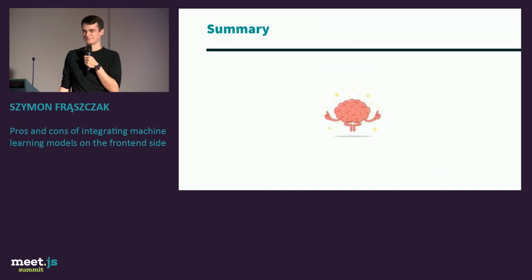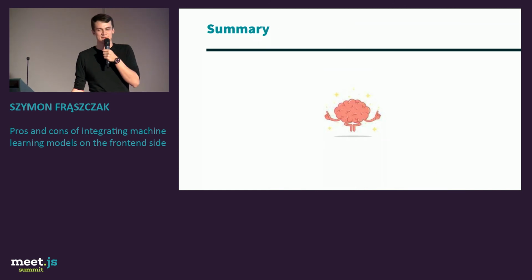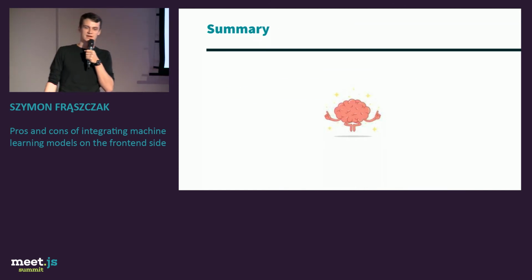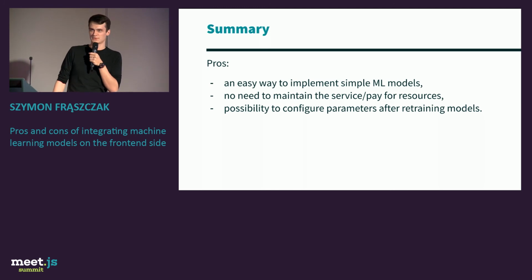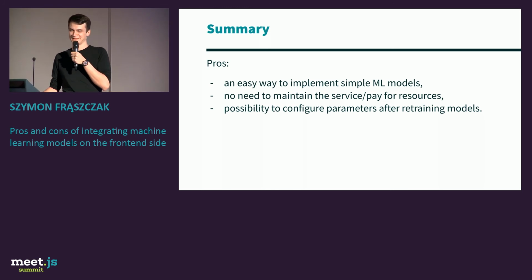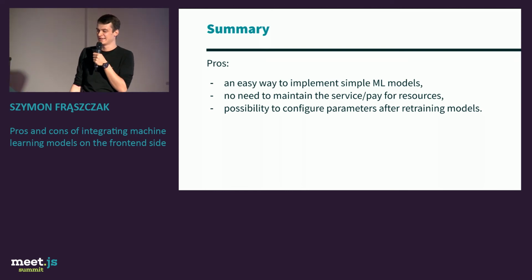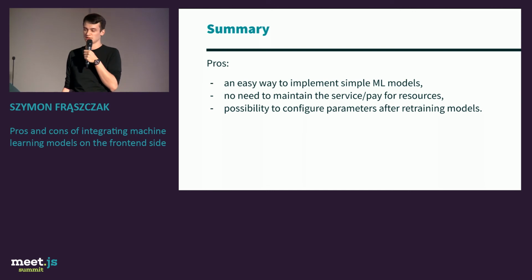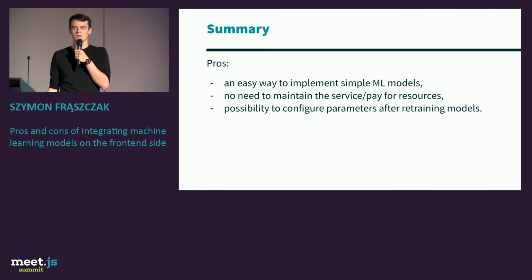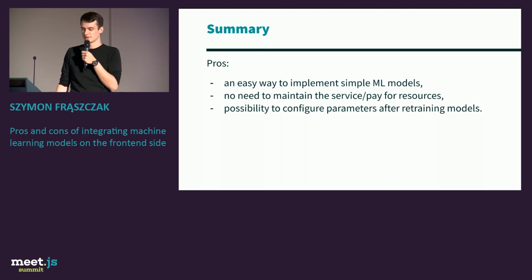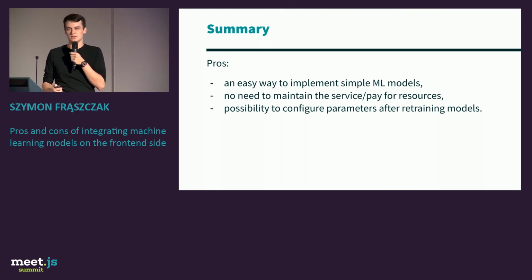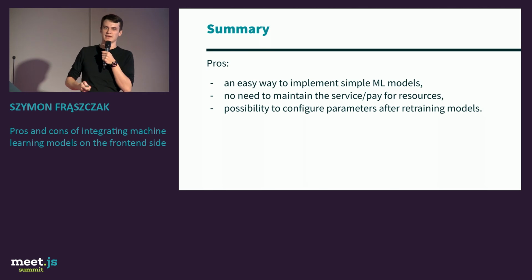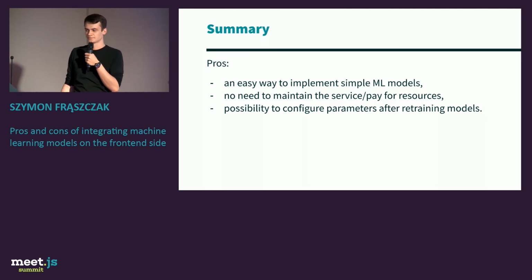Okay, so that's it, and let's sum up what we have learned. What are the pros of integrating machine learning on the front-end side of production? It's an easy way to implement simple machine learning models. You don't need to maintain your own service. You don't need to pay for resources. And it gives you the possibility to easily tweak data after training the model.